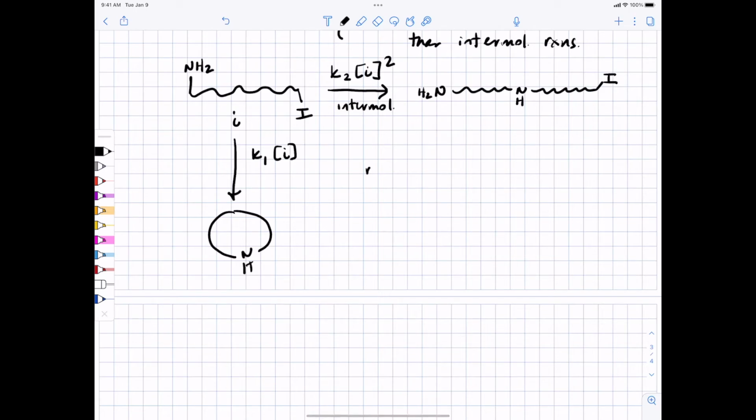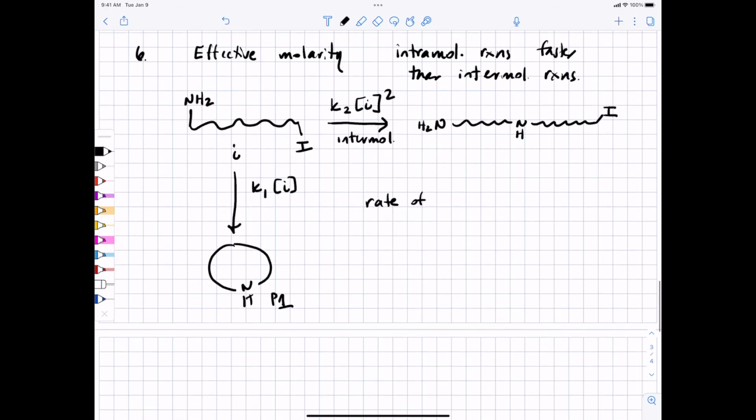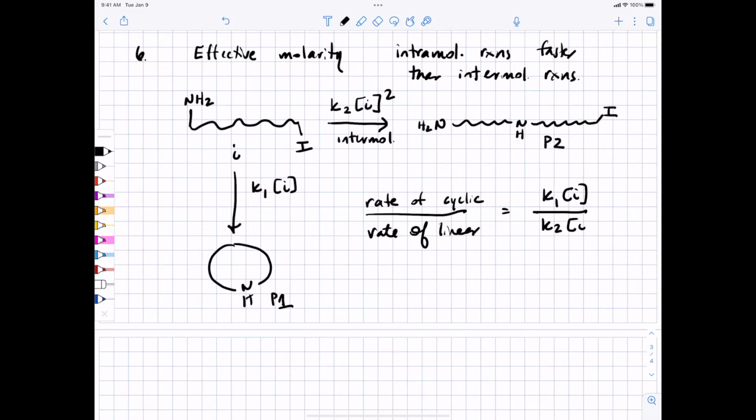So if you want to know the rate of the formation of cyclic product 1 versus linear product 2, that's going to equal K1 times I divided by K2 times I squared.